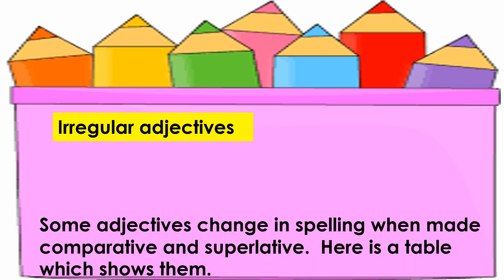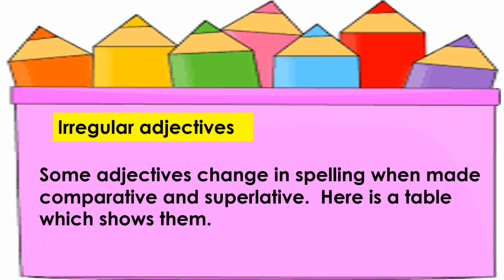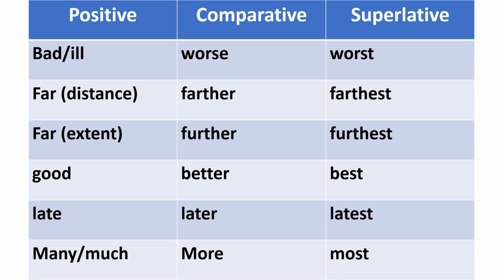Irregular adjectives. Some adjectives change in spelling when made comparative and superlative. Here is a table which shows them. We have bad or ill. It becomes worse in comparative and worst in superlative.